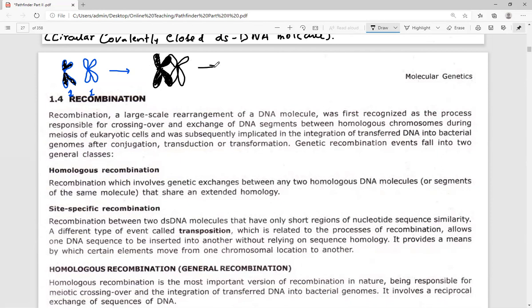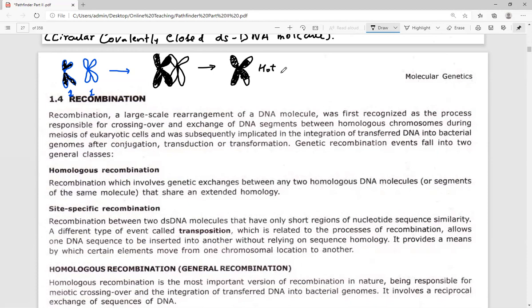Once the exchange had occurred, see this, this is the new chromosome which has been produced. This is the part of the chromosome where the DNA has been exchanged. That means it was here that there was a hotspot.